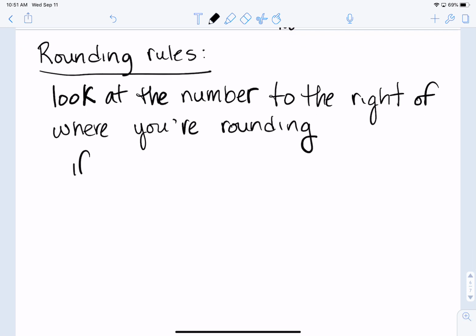If that number is greater than or equal to 5, I put X for that number, okay? Then you round up.